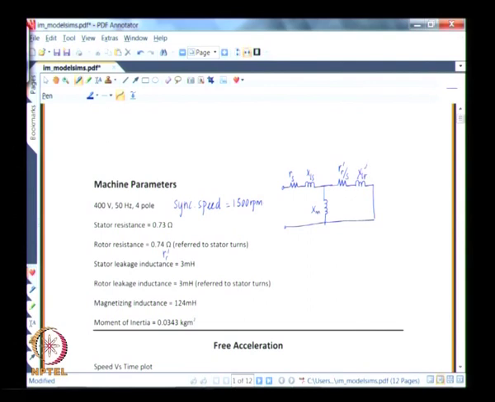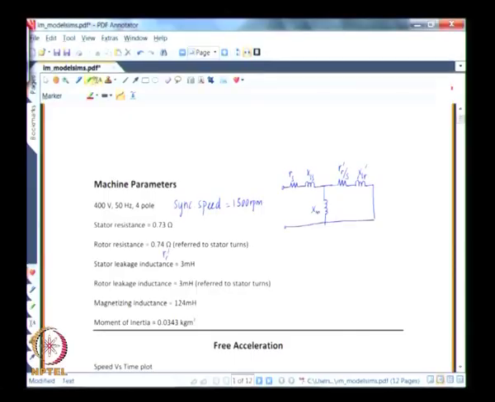So, essentially what we need in order to solve these equations is the same data that is required or what you obtain from the equivalent circuit as well. The only thing that is missing, as we noted when we derived this equivalent circuit, is the resistance representing core loss that would have come here, but now that is not there because we are neglecting core loss.